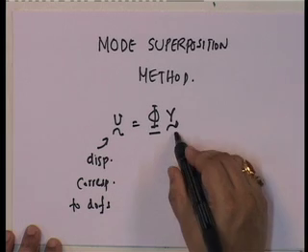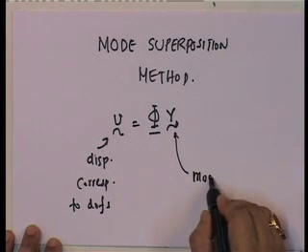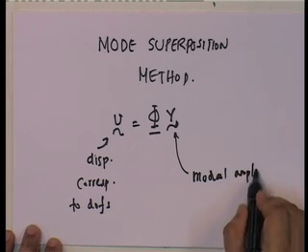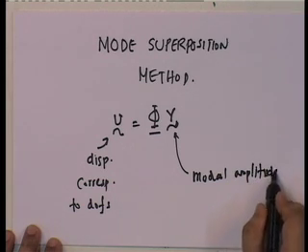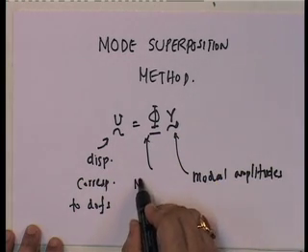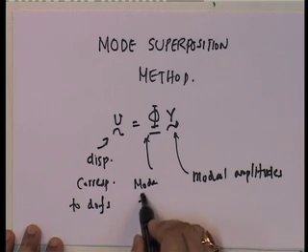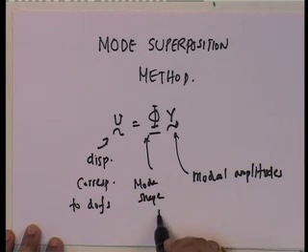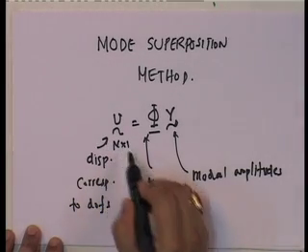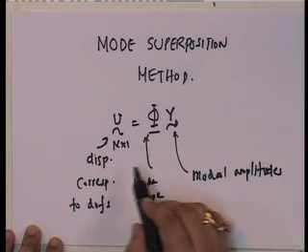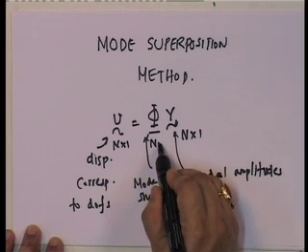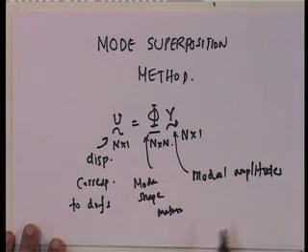These are modal amplitudes, and this is the mode shape matrix. This is n by 1 because there are n degrees of freedom. This is n by 1 and this is n by n.